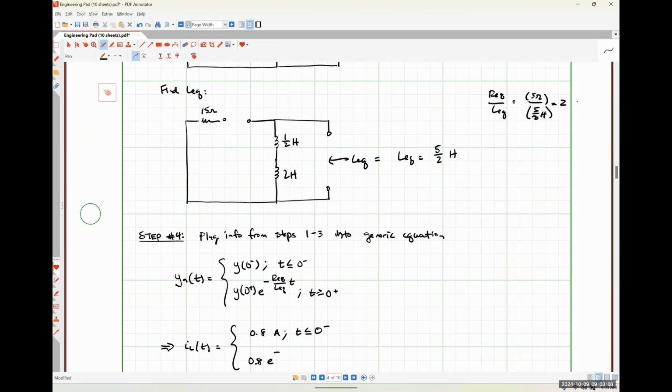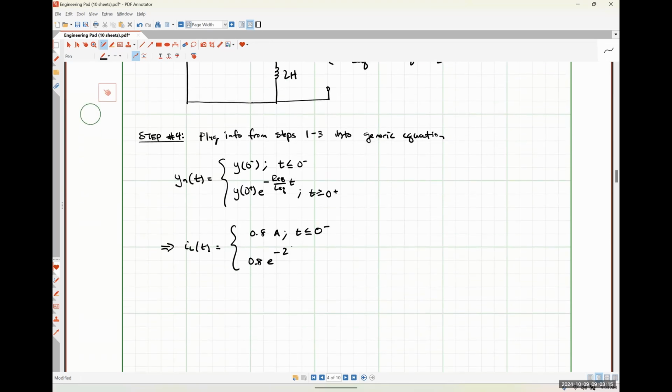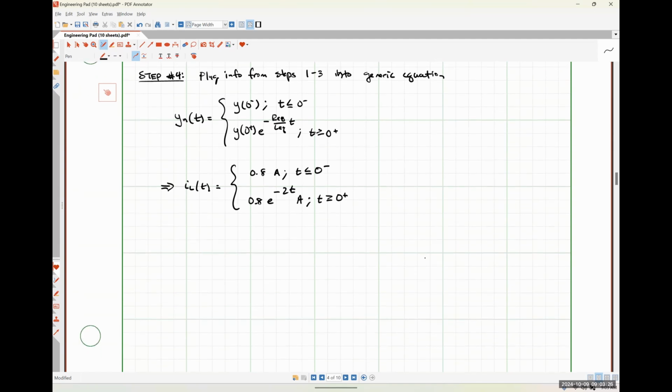So that should look like 2 per second. So e to the minus 2t amps for t greater than or equal to 0 plus.